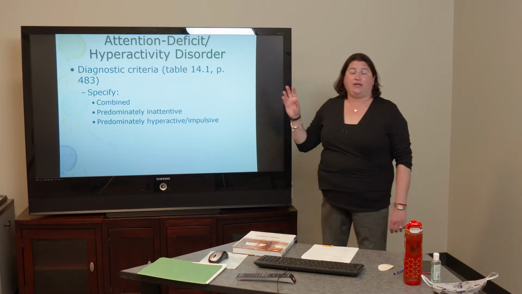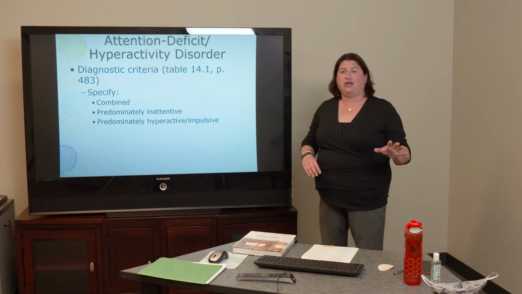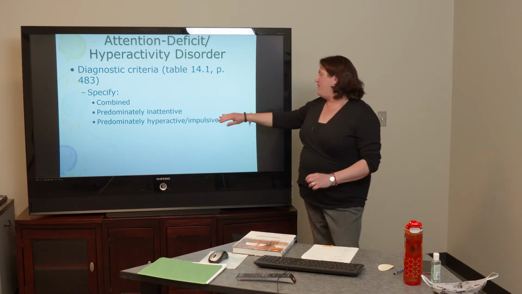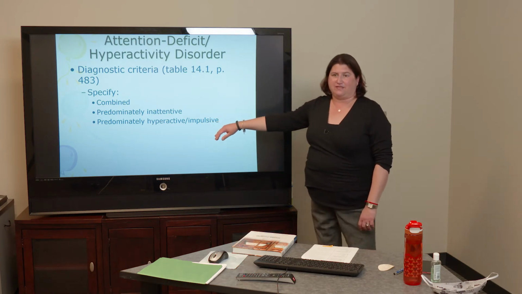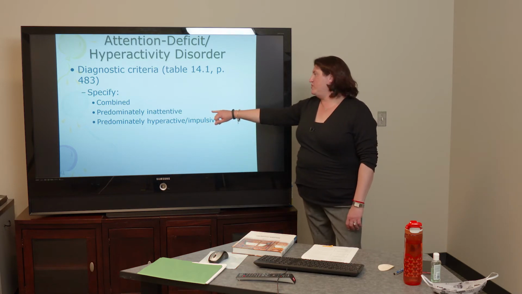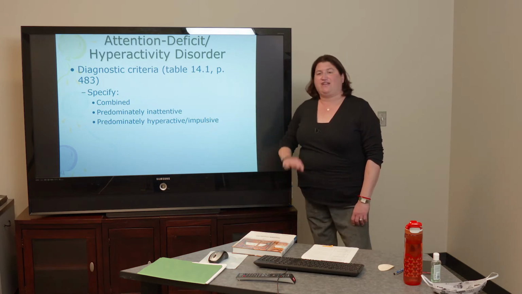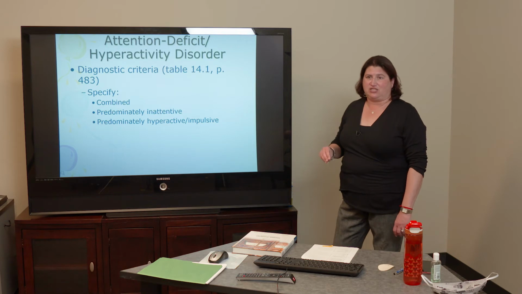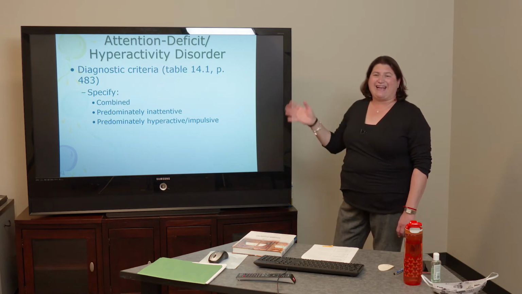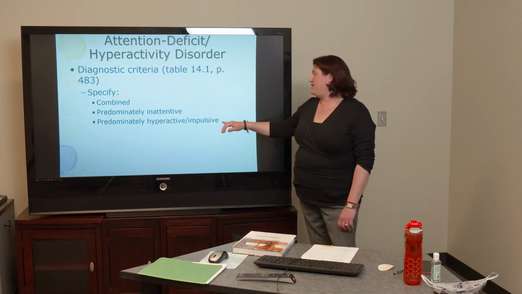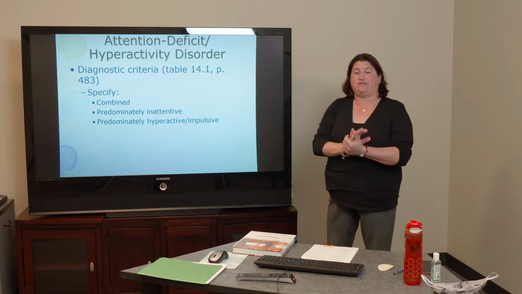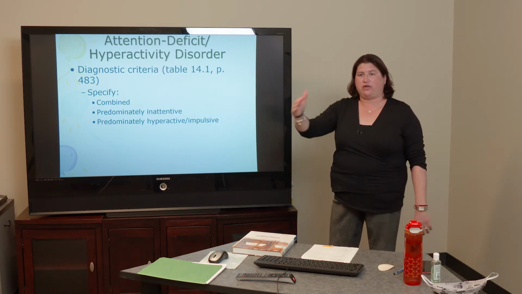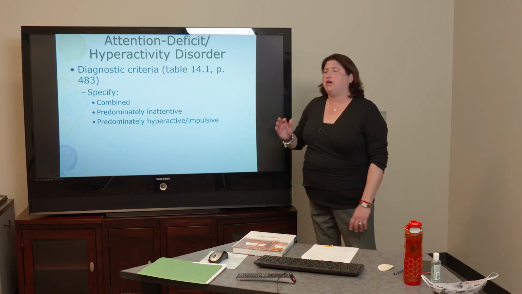So they can have 1, they can have 4, they can have none of inattention, but they have at least 6 of hyperactivity, impulsivity. Same is true for predominantly inattentive. They have at least 6 symptoms of inattention, and then they have any number of symptoms of hyperactivity, impulsivity up to 6. So they can have 0, they can have 2, they can have 5.